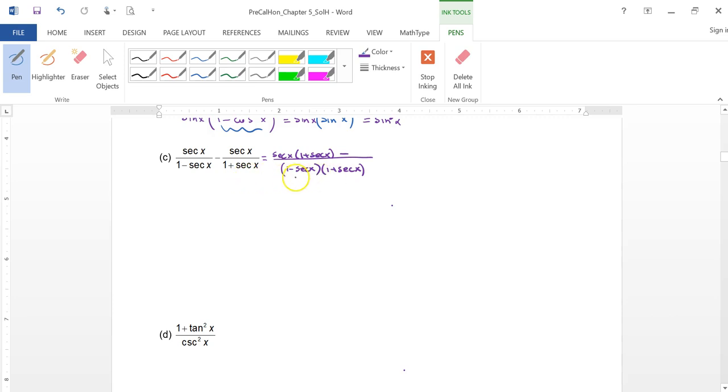Second denominator with this, you have 1 minus secant times secant. Okay, distribute the secants. So it's minus secant x plus secant squared x over, you have 1 minus secant, 1 plus secant, a minus b, a plus b. What does that give you? 1 minus secant squared x, right?